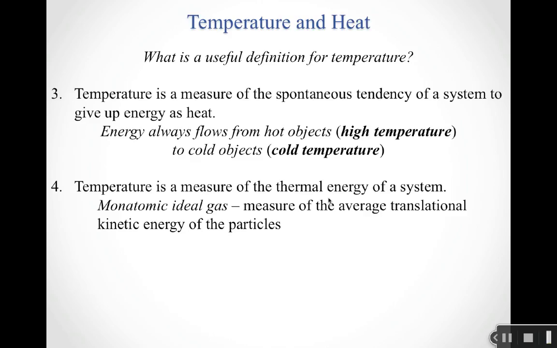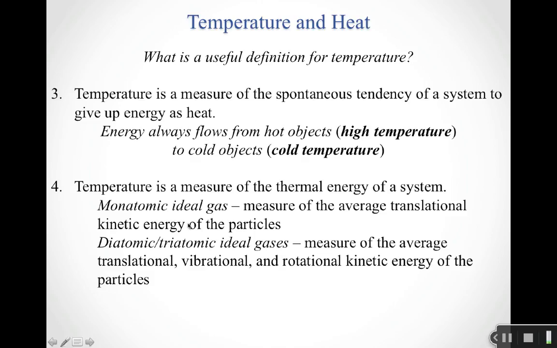Well, monatomic ideal gas basically says that you're treating those gas particles as if they were little billiard balls pinging around, bouncing off of each other, bouncing off the walls of the container. And so what the temperature is measuring there is the average translational kinetic energy of all the particles. So you take all the 1/2 mv squareds and calculate an average of that for all the particles within your gas, and that's going to be measured by the temperature.